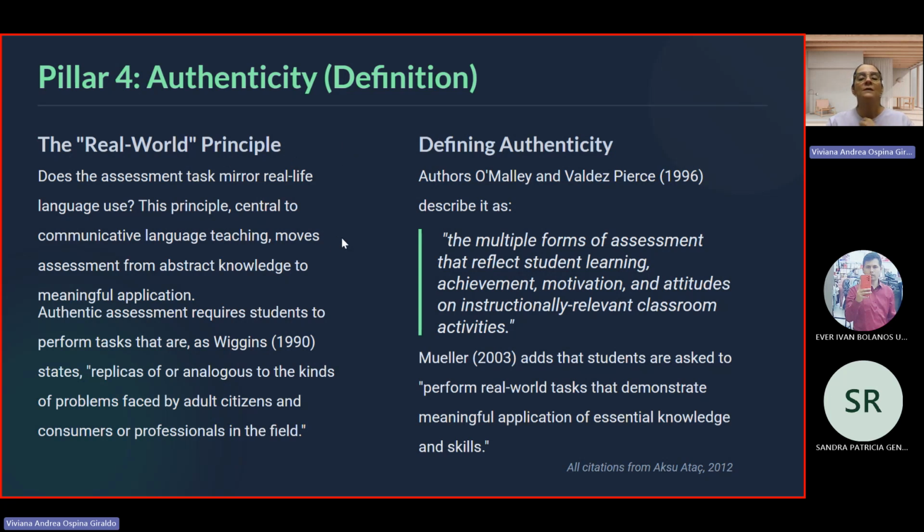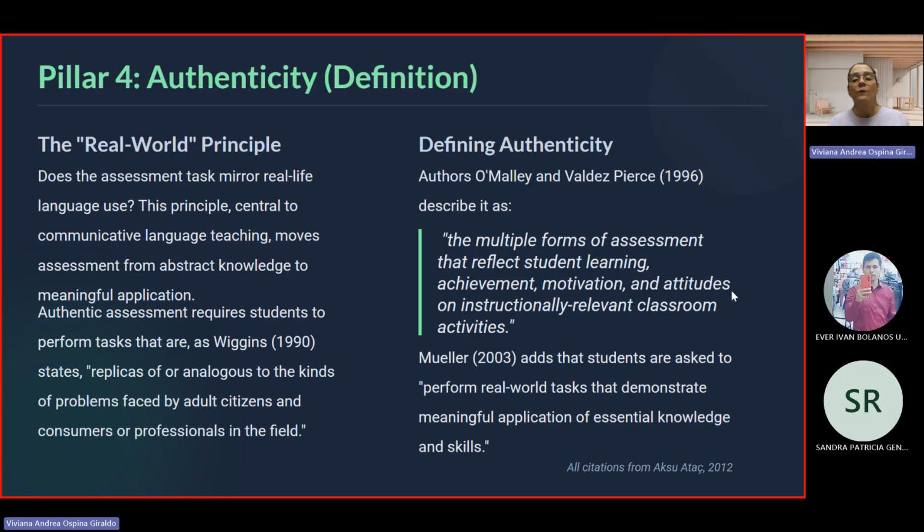This authenticity matters also because there are multiple forms of assessment that reflect student learning, achievement, motivation, and attitudes on instructionally relevant classroom activities.